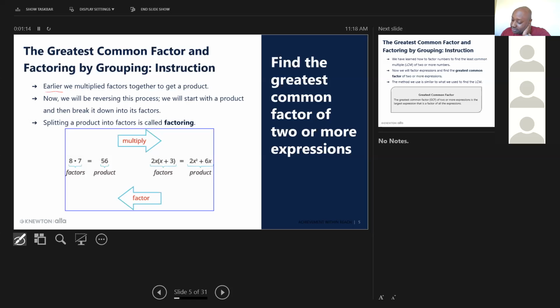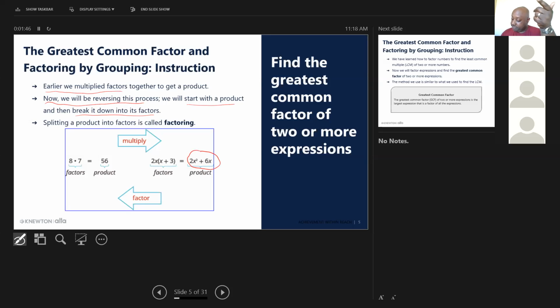Now let's look at this. Earlier, what I'm underlining now, we multiply factors together to get a product. Now we're going to reverse that process. We're going to start with a product and then break it down into factors. For example, here, where I circled 2x squared plus 6, we want to factor out what they have in common.